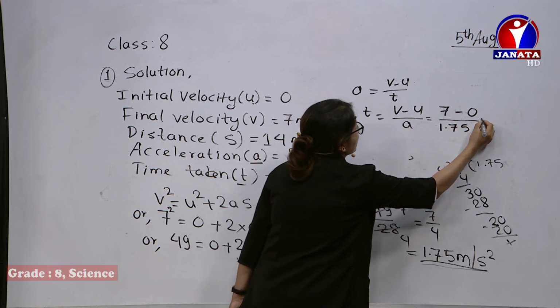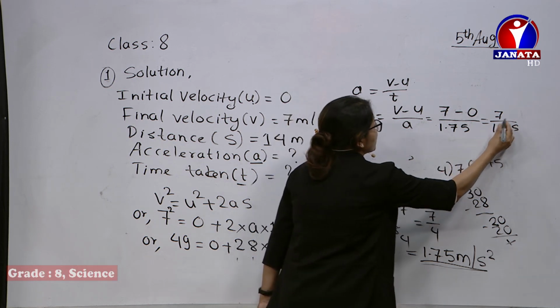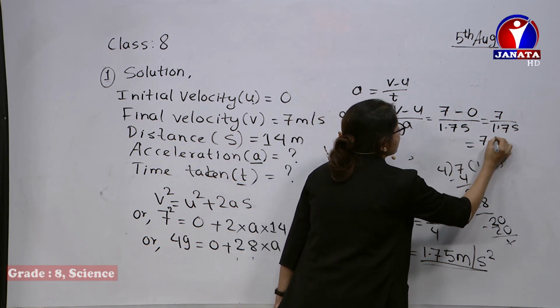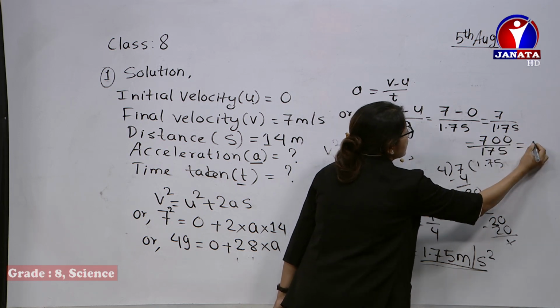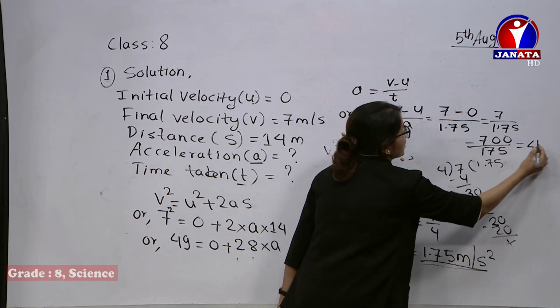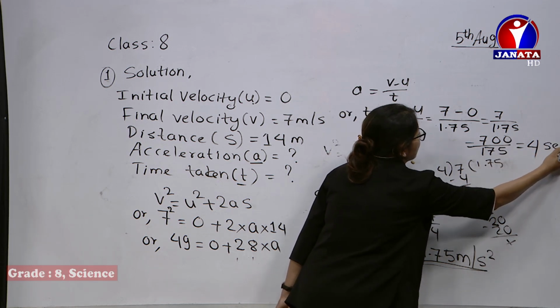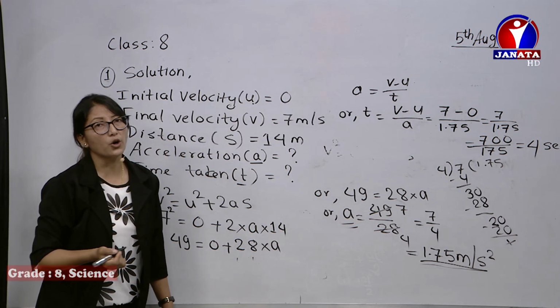So 7 over 1.75. If you cancel the points, we can make this 700 over 175. If we divide it, we get 4. 175 times 4 is 700, so 4 seconds. So the time taken is 4 seconds.